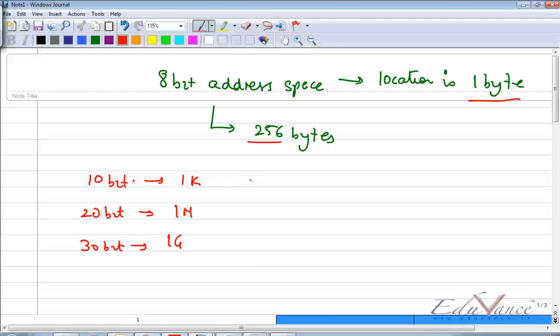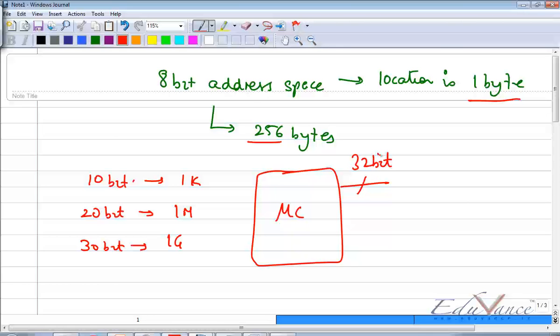So if I take a microcontroller which has a 32-bit address space, then 30 bits is 1 giga, hence 32 bits will be 2 raised to 2 multiplied by 2 raised to 30, which is 4 giga.